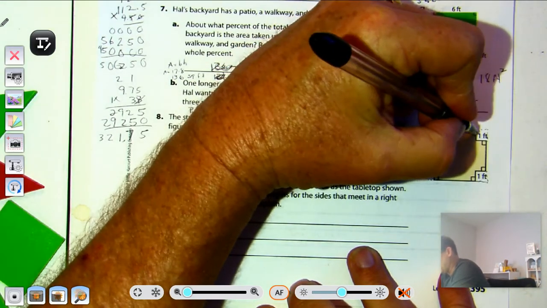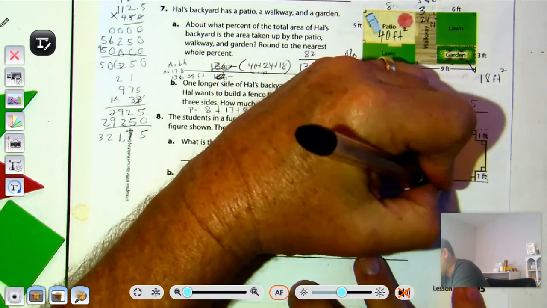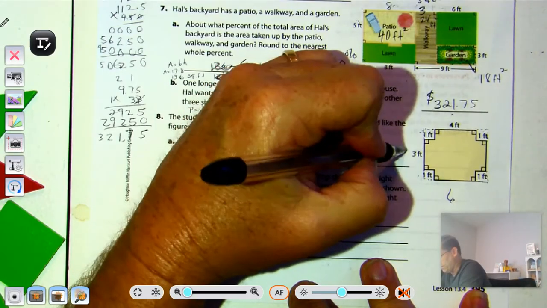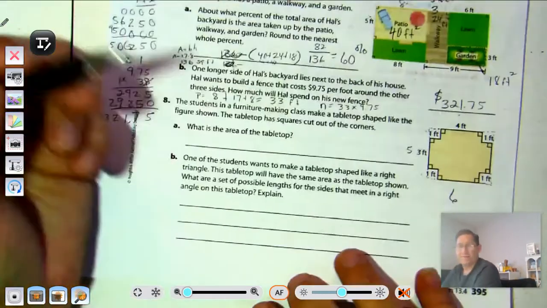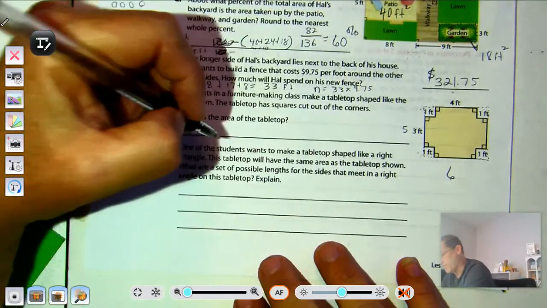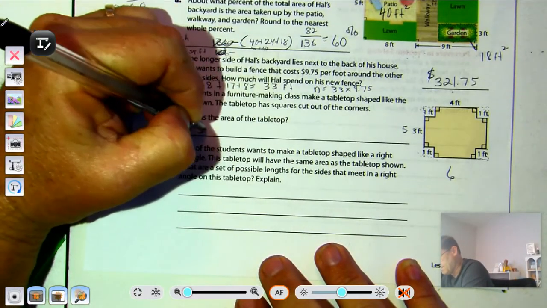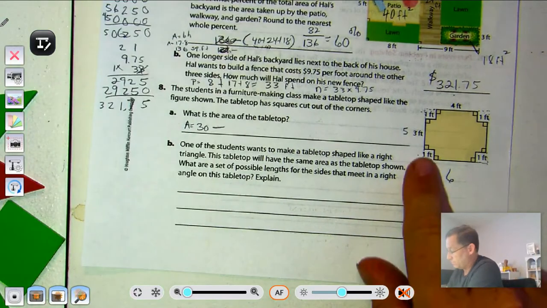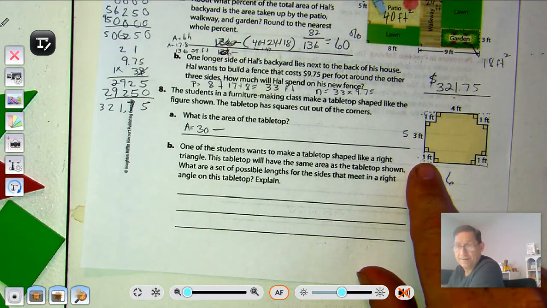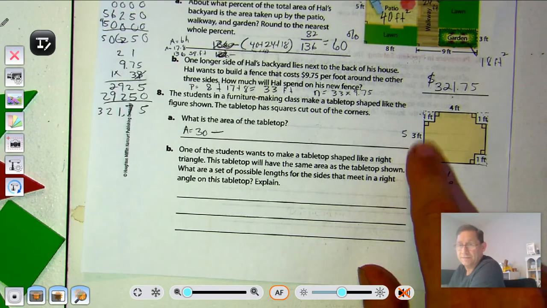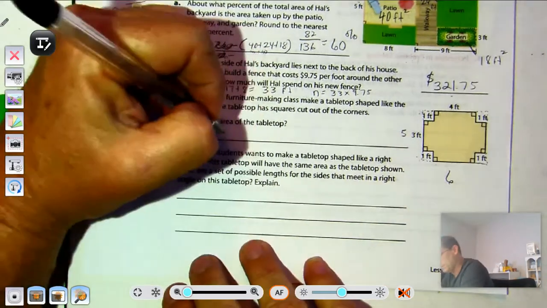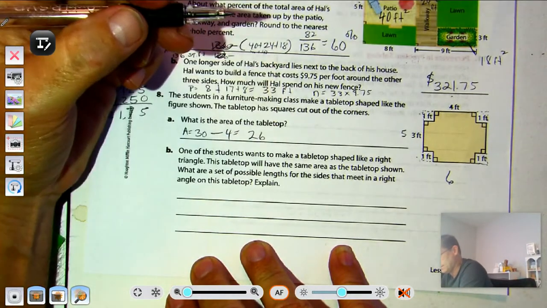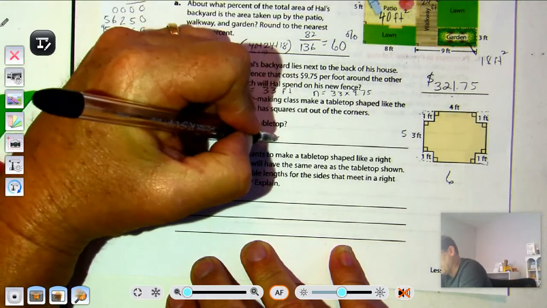This piece is 4, each of those is 2, so we'd have 6. And then this way we'd have 3 plus 1 plus 1, that would be 5. So we'd have an area of 30 minus each of the little areas. Well, that's basically 1 by 1, right? So 1, 2, 3, 4. So 30 minus 4, 26 square feet.